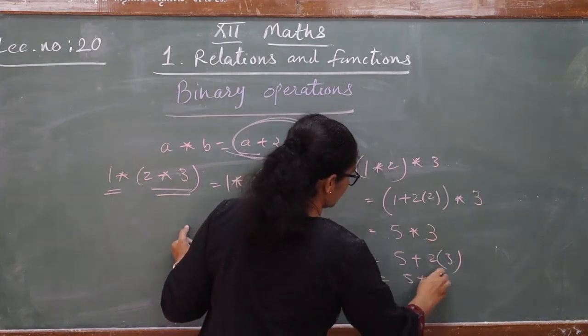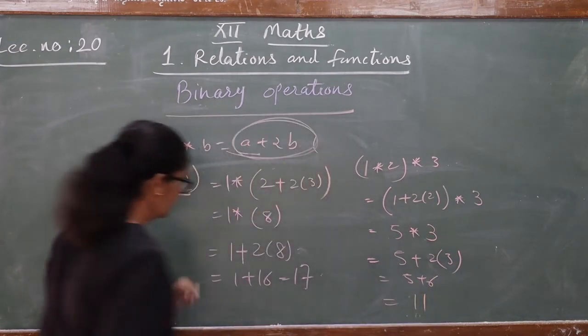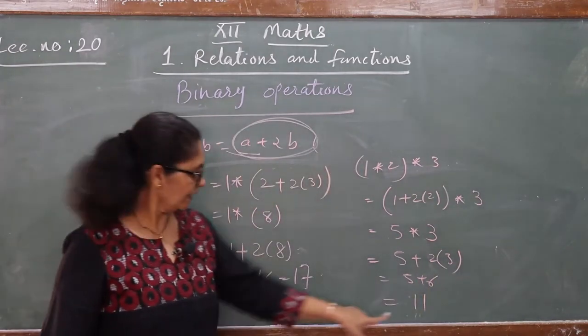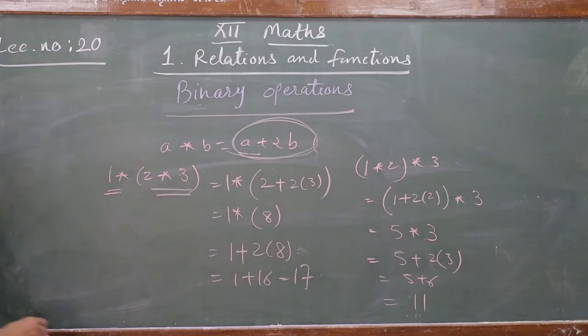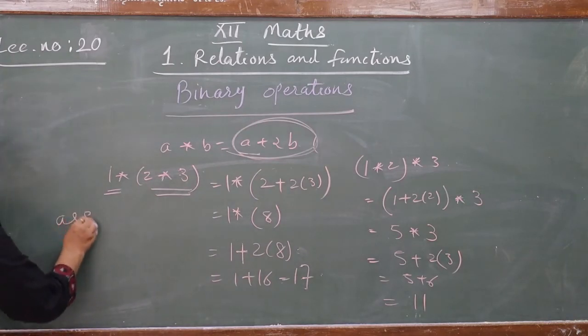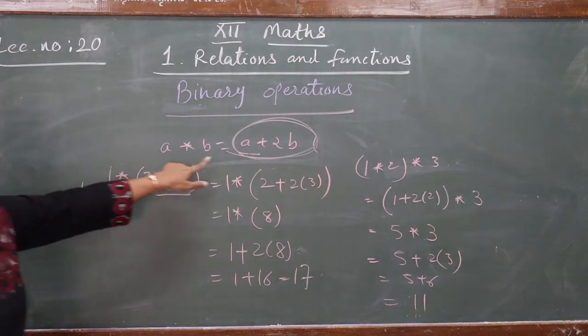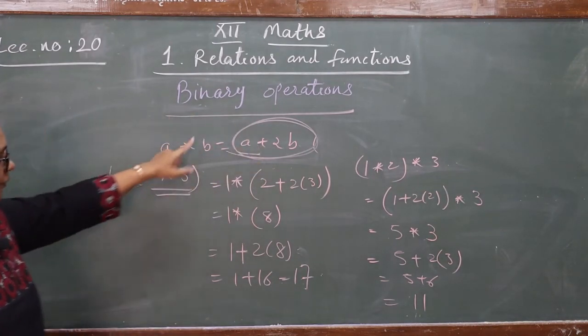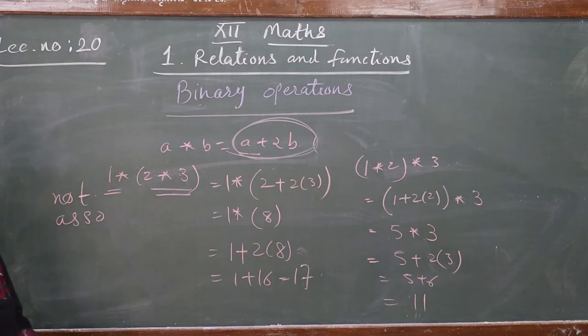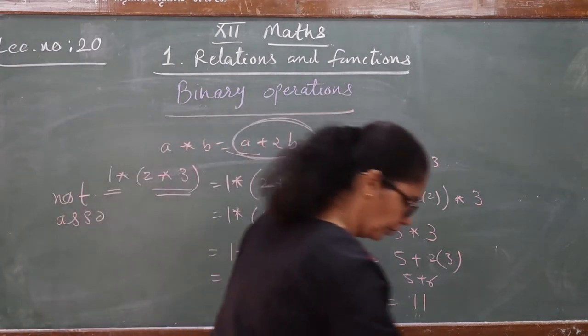So 5 plus 6, what do you get? 11. This one we are getting 17 and this is 11. So what is the meaning of it? It is not associative, for a plus 2b. We have proved it is not commutative and it is not associative. Both are not true.